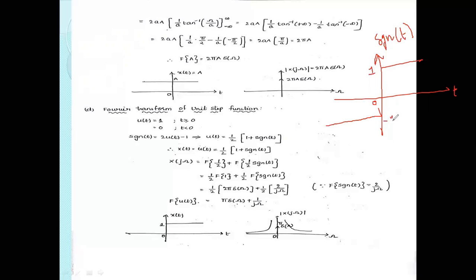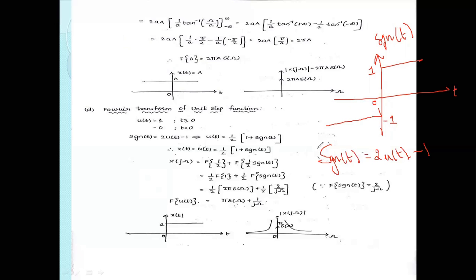For negative values, it is minus 1. So signum of t in terms of the step function is 2 into mu of t minus 1. Mu of t is 1 for positive values, so 2 into 1 minus 1 is 1. For negative values, mu of t is 0, so 2 into 0 minus 1 is minus 1.